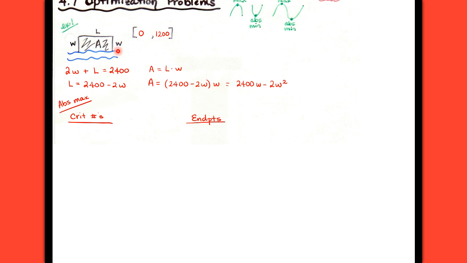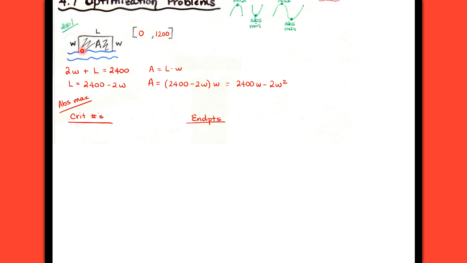Now, I understand that both of those scenarios are preposterous, right? No farmer is going to use all 2,400 feet of fencing and lay it right there beside the river and encompass no area, right? And no farmer is going to put 1,200 here and then another 1,200 right beside it and have no length at all and encompass no area. I get that.